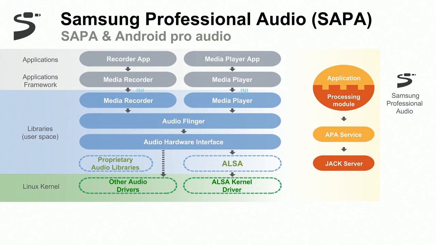So you just make a plug-in and use that. In order to achieve the low latency, we made SAPA independent from the Android audio system. So that's why SAPA is only available on Samsung devices.